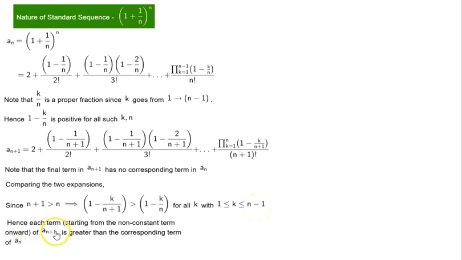So hence, each term starting from the non-constant term onward of a_{n+1} is greater than the corresponding term of a_n.